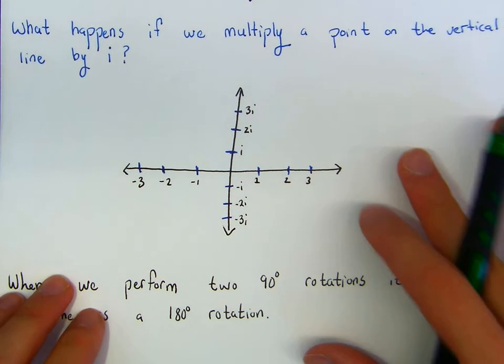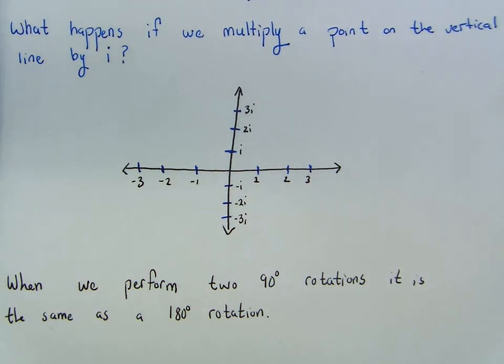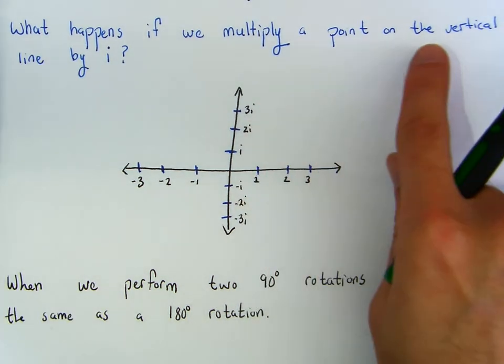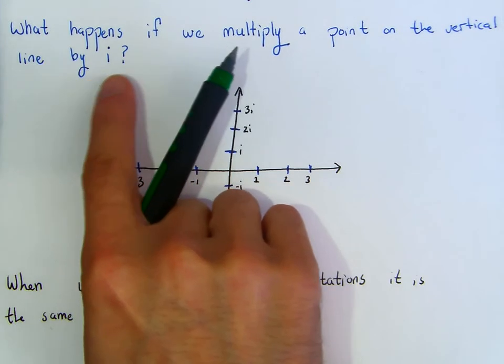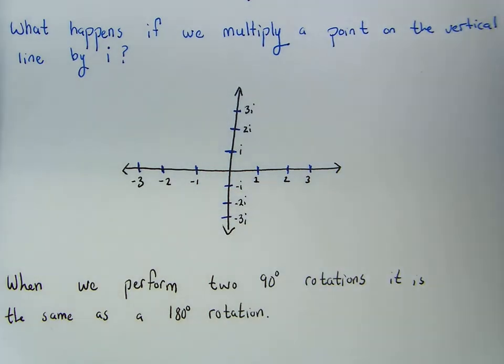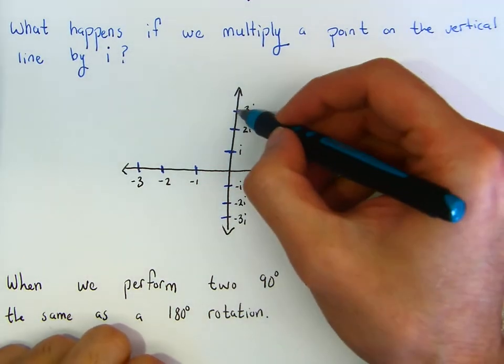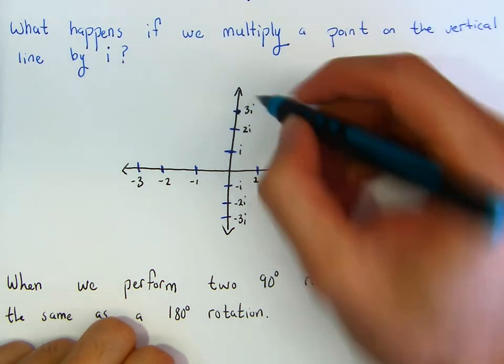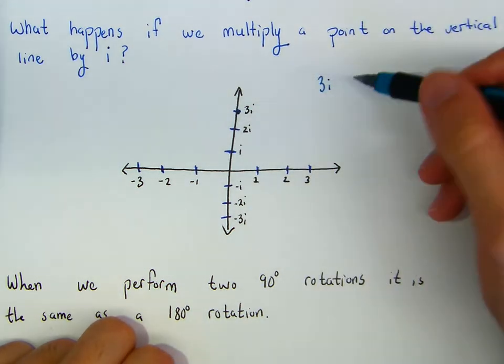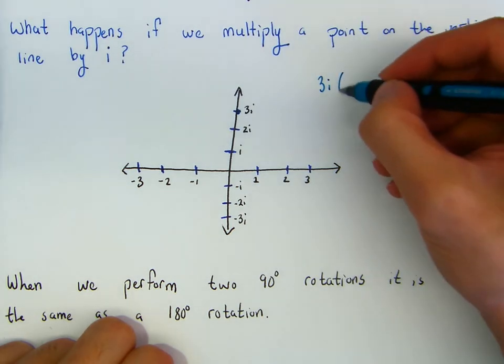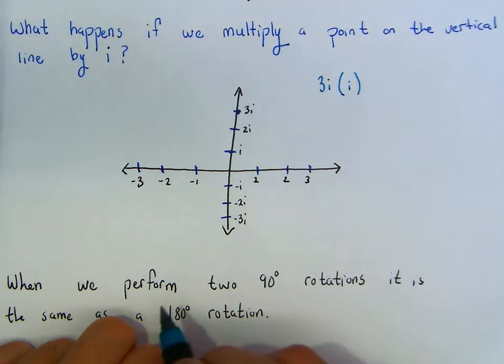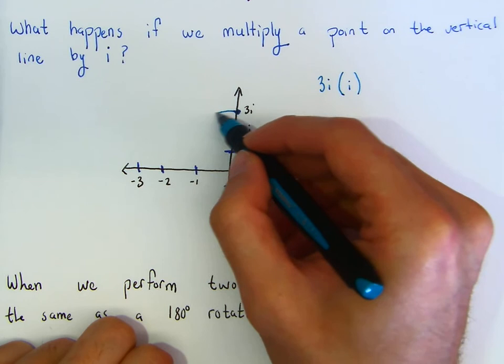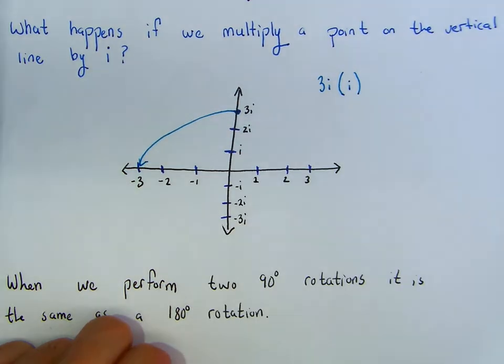Now, let's imagine we have this part over here. What happens if we multiply a point on the vertical line by I? So let's say, for example, I'm at 3i. I'm on the vertical line. And if I take 3i and I multiply it by I, what will it do? It will get me to -3.